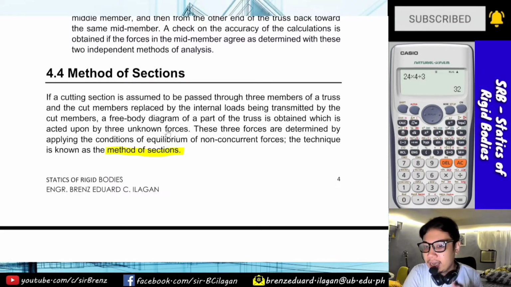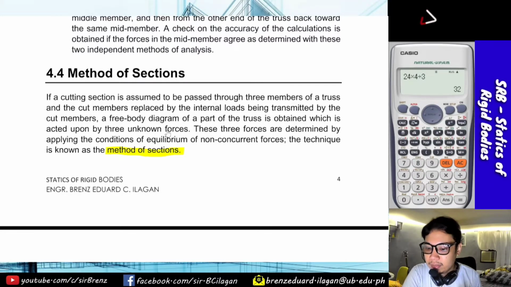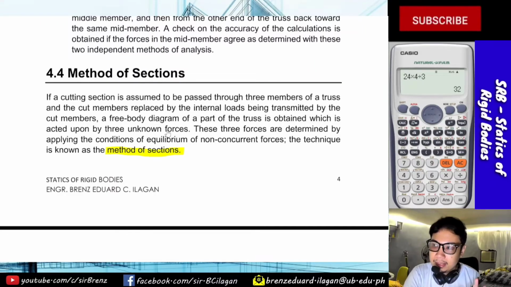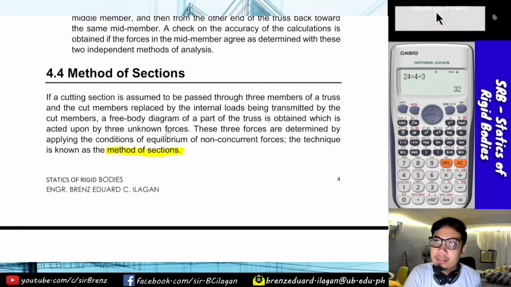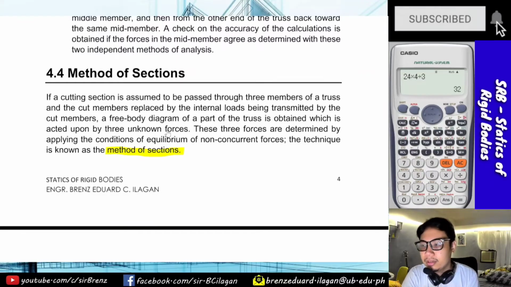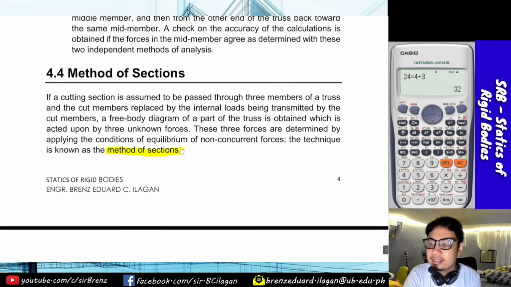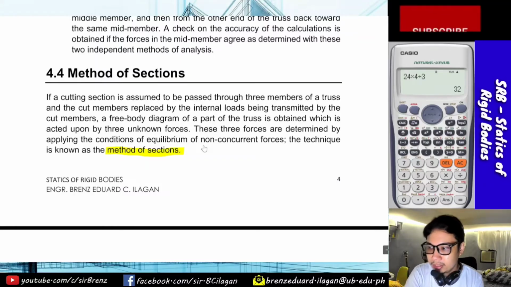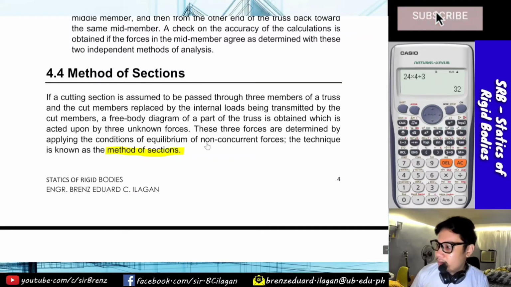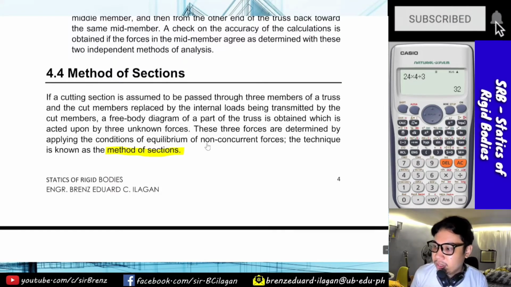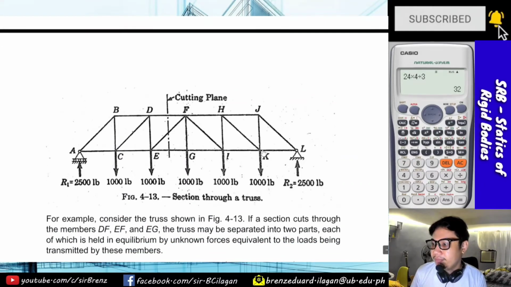And what will happen there is, either you isolate the left side or you consider the other side for the point of analysis. And the approach here is the equilibrium of non-concurrent forces. Okay? So again, this was discussed in our past lecture. So this is all he wants to say.